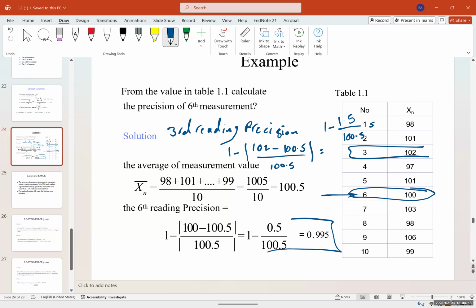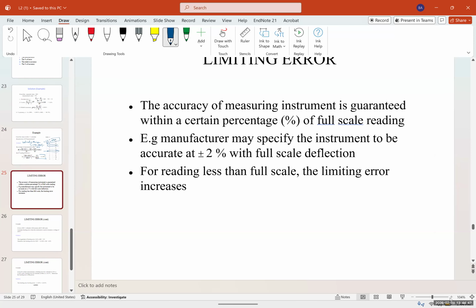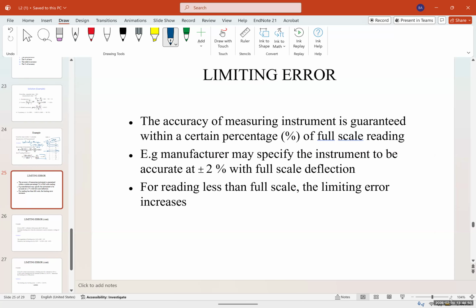It's going to be lower than the previous one, but it's going to be 98.5 or 0.985. So you can see that the closer we are to the average, the better precision we have in the system. That measured value is more precise, I would say.